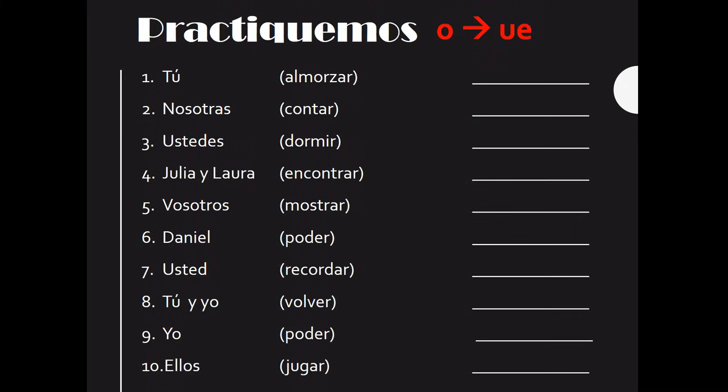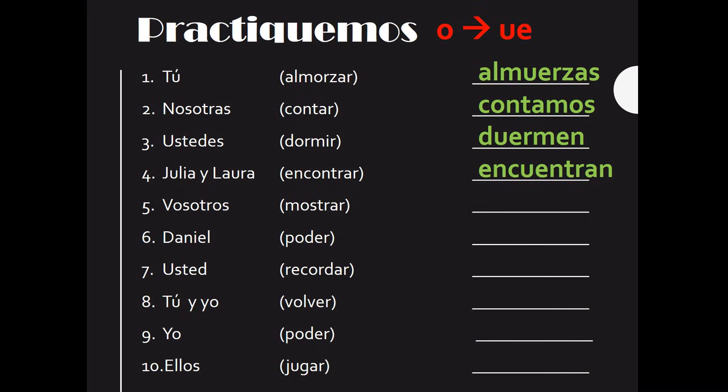All right, practice. I will count to 3 and then show you the answers. Okay, número 1. Tú almuerzas. Nosotras contamos. Nosotros no, no stem changers. Ustedes duermen. Julia y Laura encuentran.